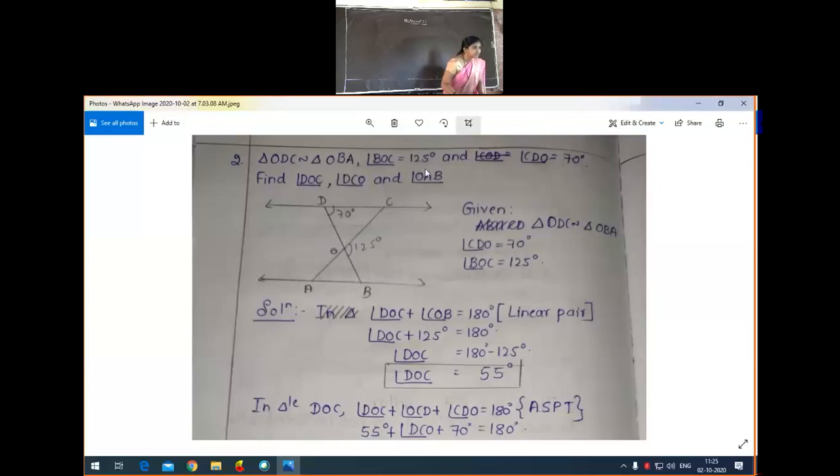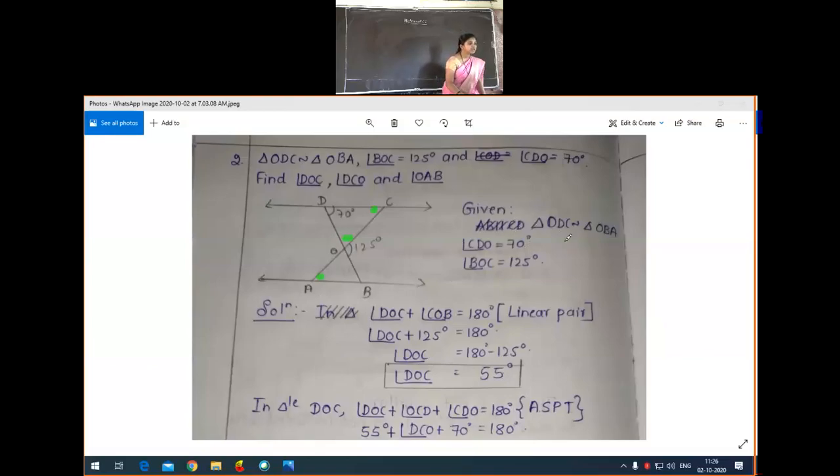Okay, so we'll take the color pens. This angle we have to find. And DCO, this angle we have to find. Then OAB, this angle we have to find. Okay, students, so these three angles we have to find.